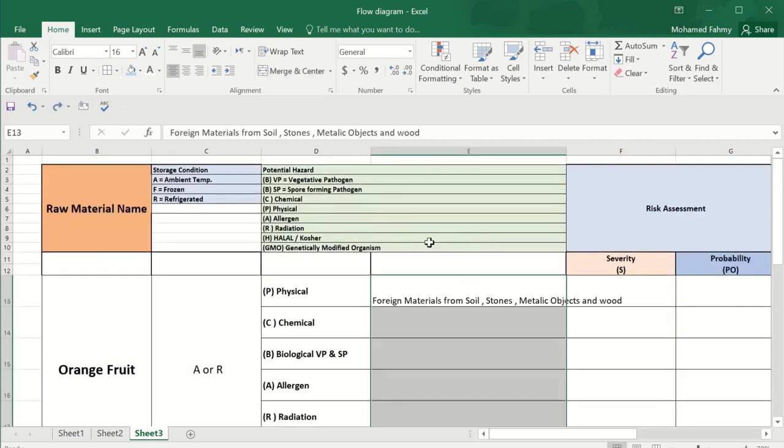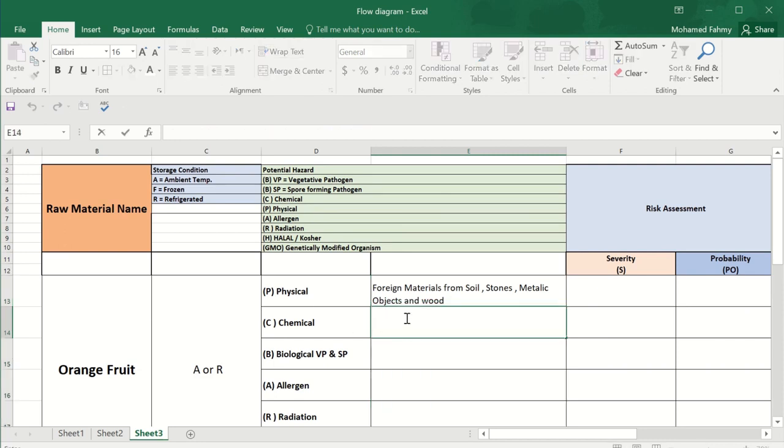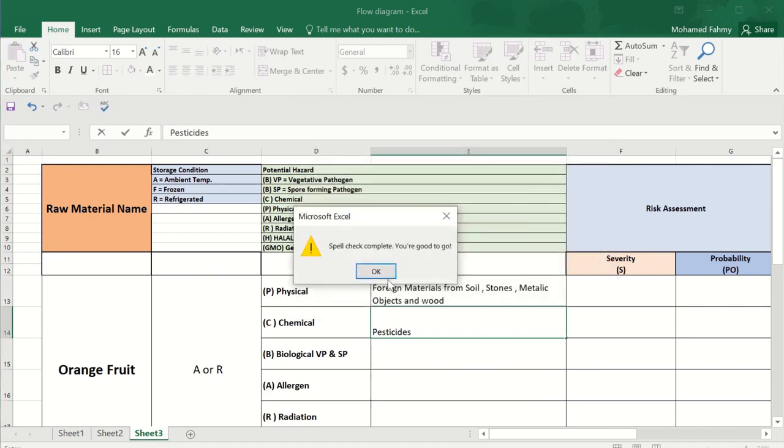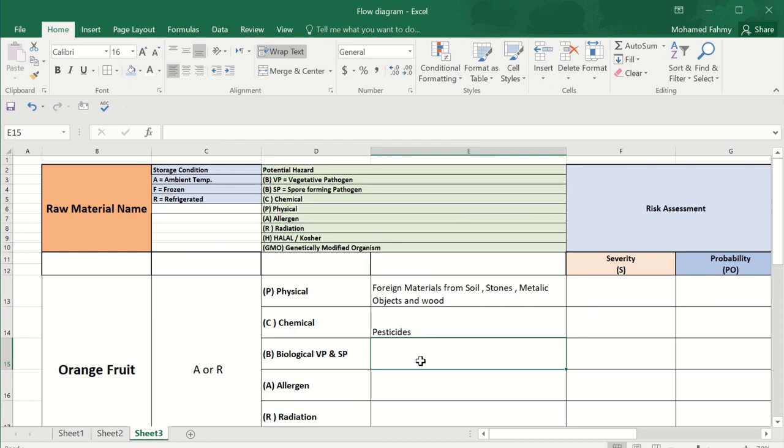Merge, sorry, wrap the text. What are the chemical hazards? The pesticides.